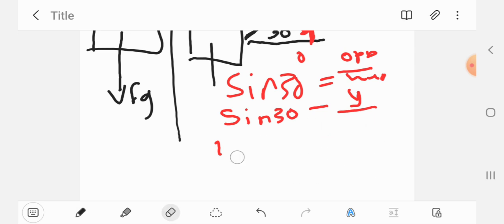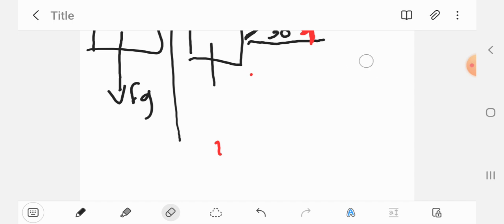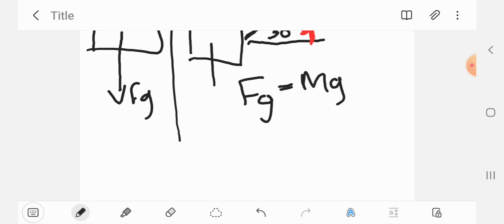Let me show you how you get your gravitational force. Gravitational force equals to mass times gravitational acceleration.